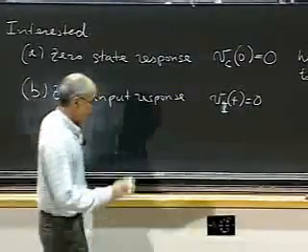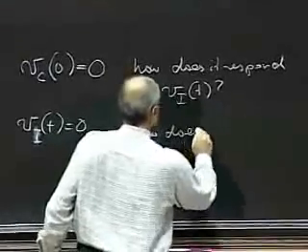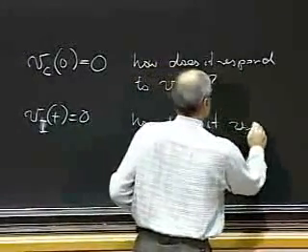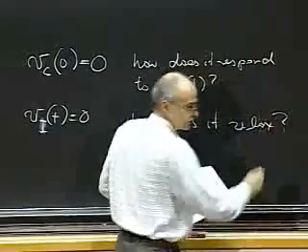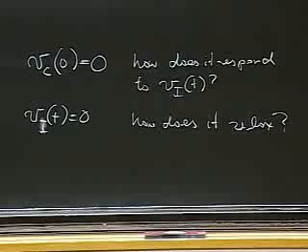Okay? So the question here is how does it relax? So we're starting with an initial state. How does this state relax out in the circuit?